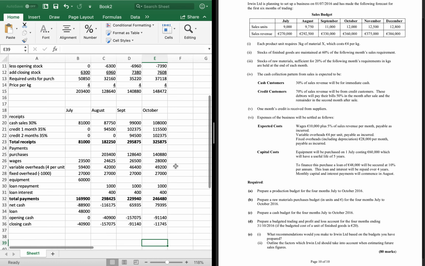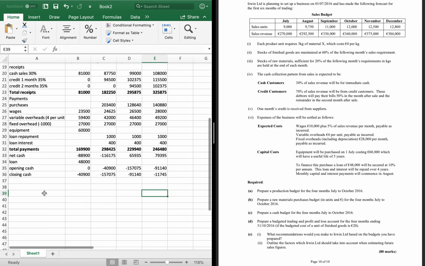That's probably the longest part of the question, and it seems to be the most marks for it. Now, the second part for these, you've got to do a trading profit and loss account, or the last part, sorry.